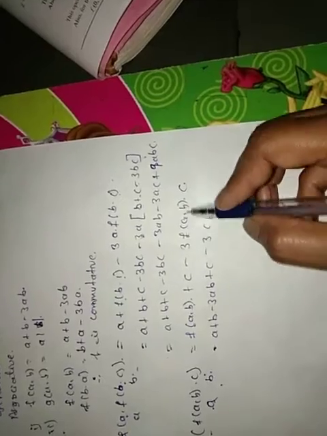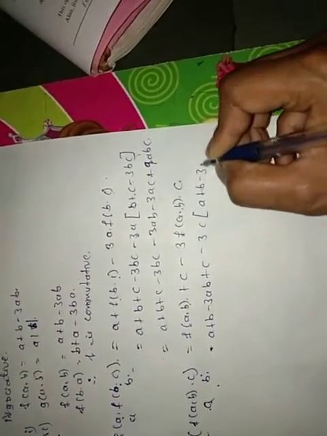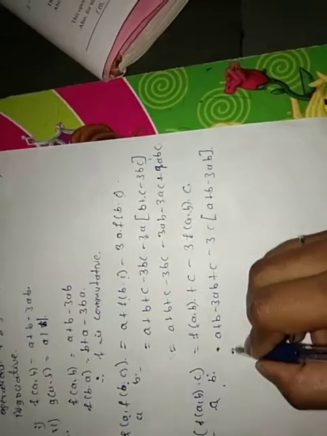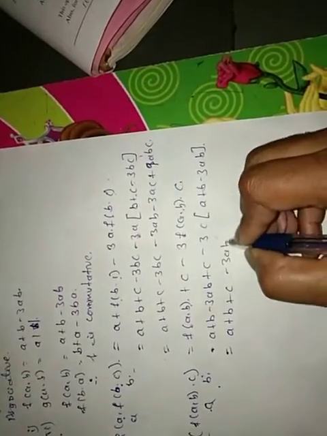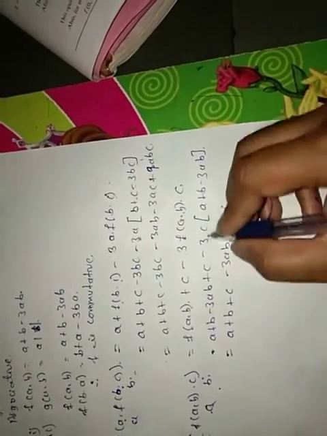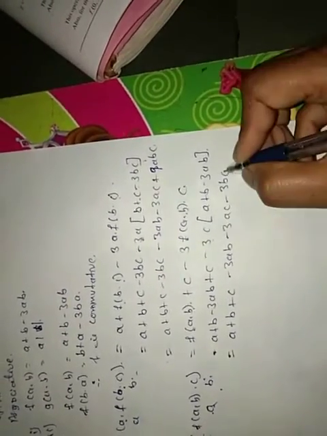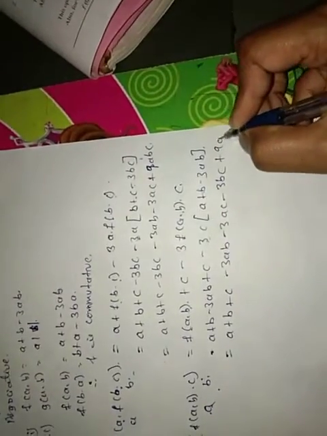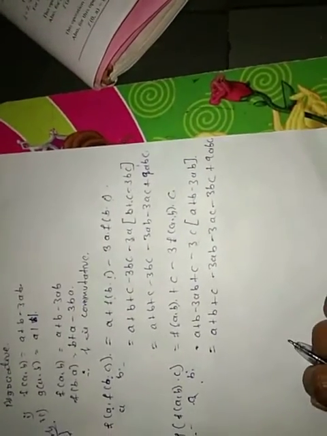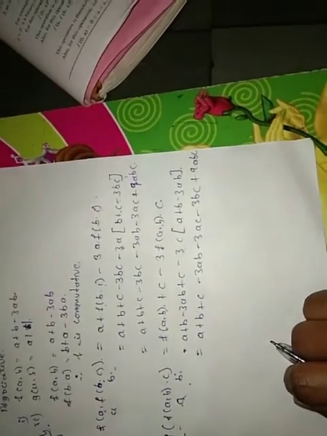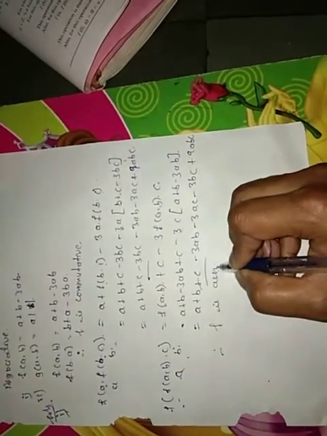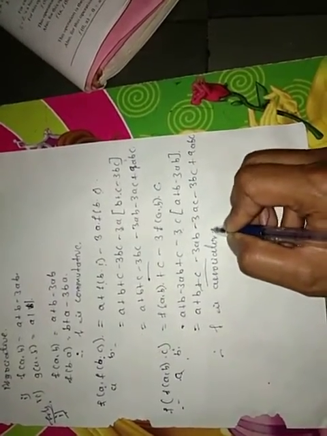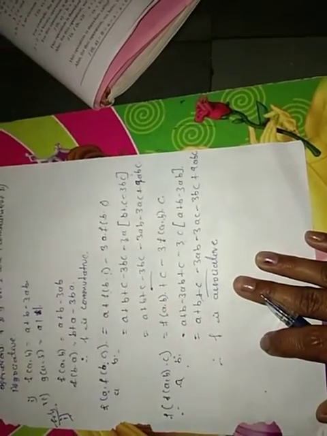Put a bracket, f of a comma b, a plus b minus 3ab. Open the entire bracket: a plus b plus c minus 3ab minus 3ac minus 3bc, minus of minus plus 3 into 3, 9abc. So again it satisfies the associative law. Both these two functions are equal. Therefore f is associative.